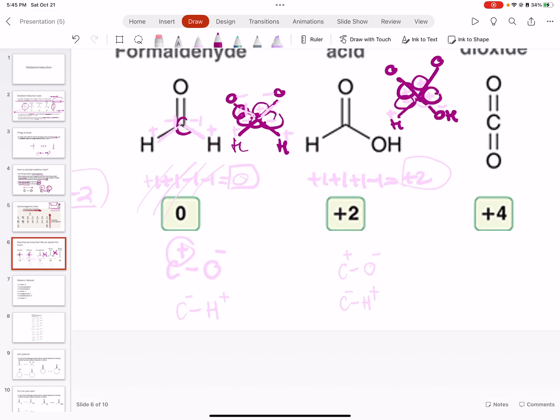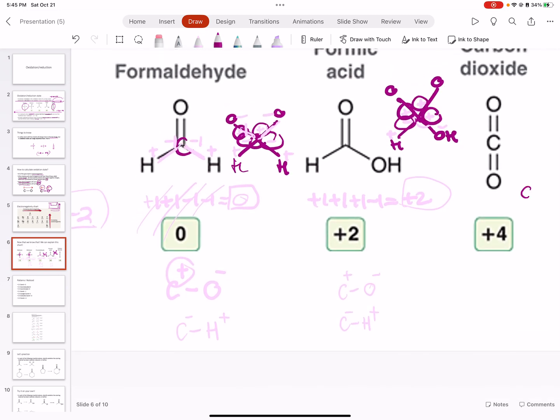And then we have carbon with four oxygens. We already know that carbon's gonna carry a positive charge since it's less electronegative than oxygen. And then oxygen's gonna carry a negative charge since it's more electronegative than carbon. Therefore, carbon's gonna be positive, this one's negative, this one's positive, this one's negative, positive, negative, positive, negative.